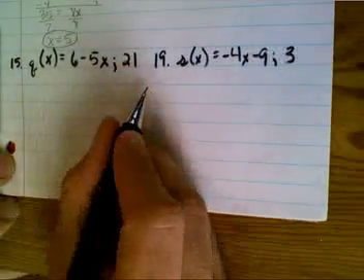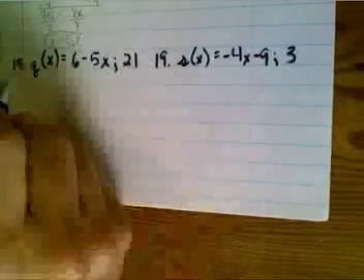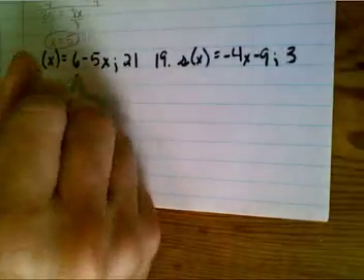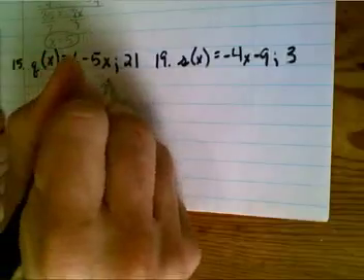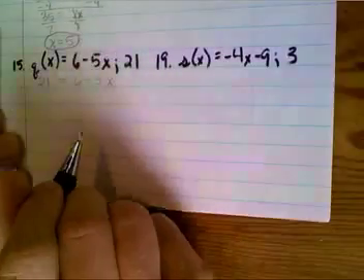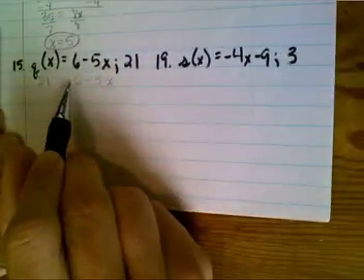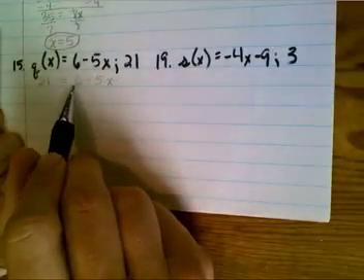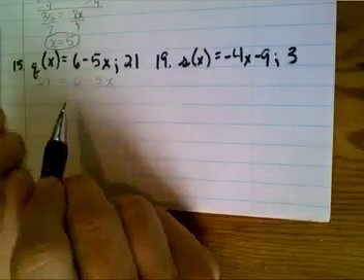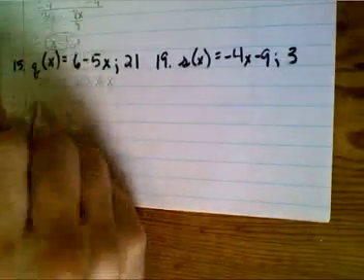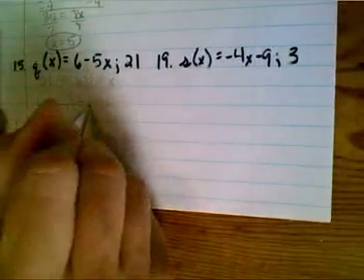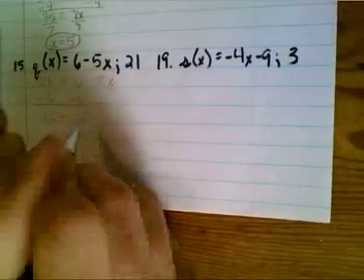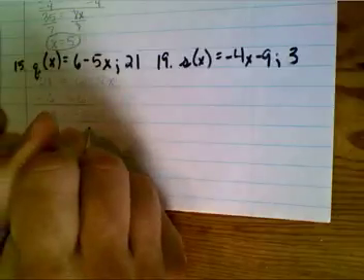The next question, we have 21 is the same thing as q, so 21 equals 6 minus 5x. And a lot of folks get confused here on whether this 6 is positive or negative. Well, it's understood to be positive if there's not a sign written out here, so we're going to subtract 6 on both sides and get 15 equals negative 5x. And then we're going to divide by the negative 5.